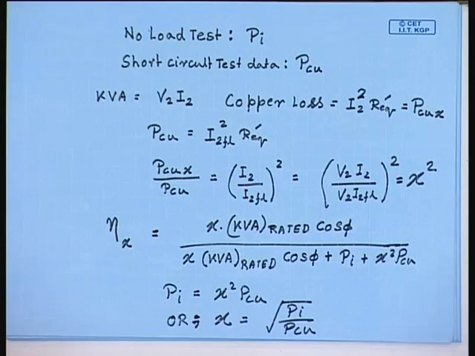Now, this realization has something to do with the design of a transformer. It is natural that we would like the transformer to be as efficient as possible, because that will reduce the energy loss, which means that the transformer should ideally be always operating at the load at which its efficiency is maximum.